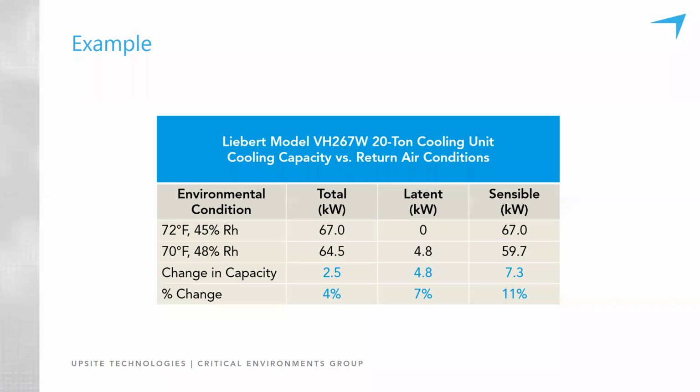At those conditions, this cooling unit has a total capacity of 64.5 kilowatts. It has 4.8 kilowatts of latent capacity at those conditions. What that means is that 4.8 kilowatts of that cooling unit's capacity are taken up by removing the heat given off by moisture condensing on the coils.